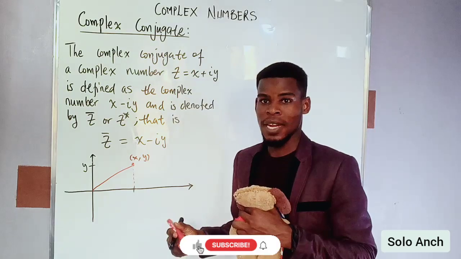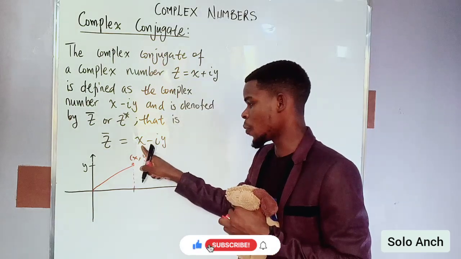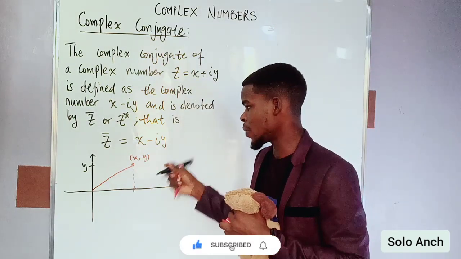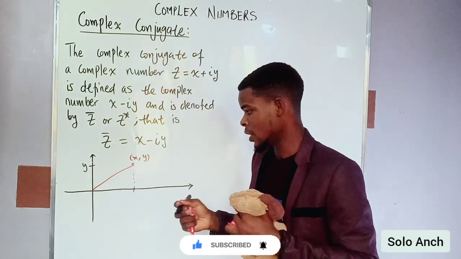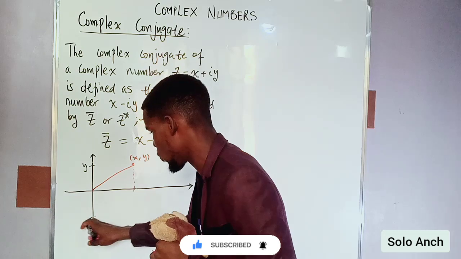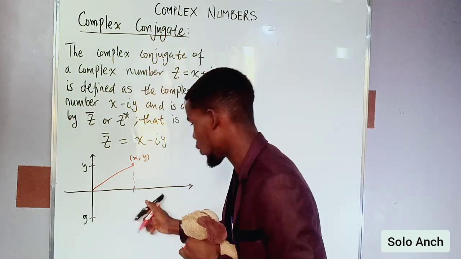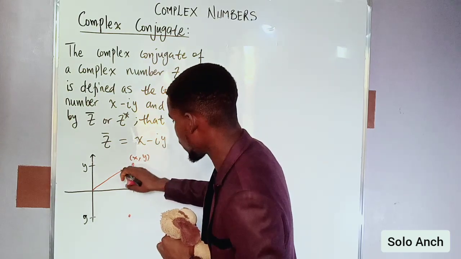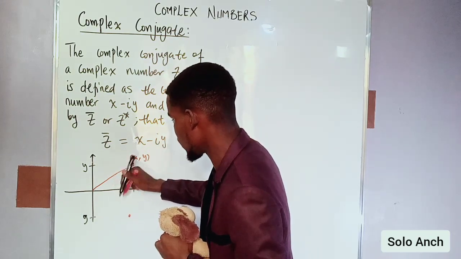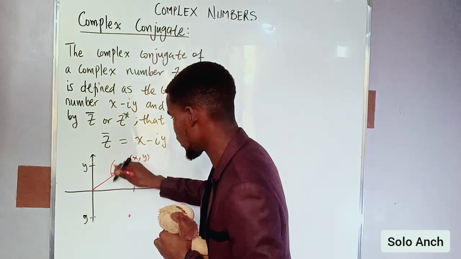Now you observe that its conjugate has the real part staying the same, but the imaginary part has been negated. So instead of plus iy, it's now negative iy. So we're going to look at negative y, which is going to be down below, and then we are going to put the point here. So this right here represents the complex number z.